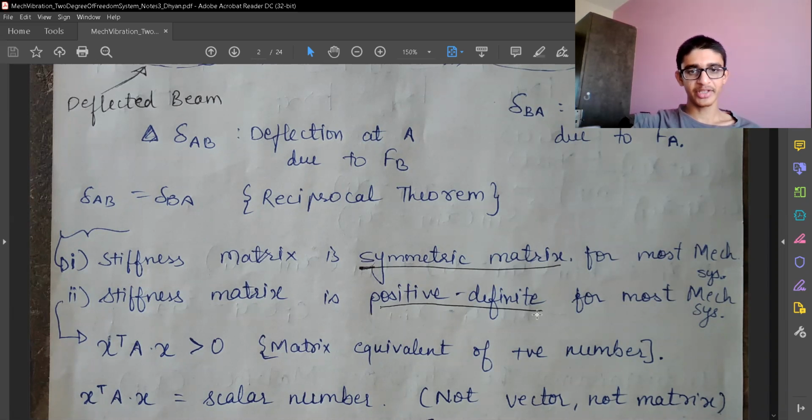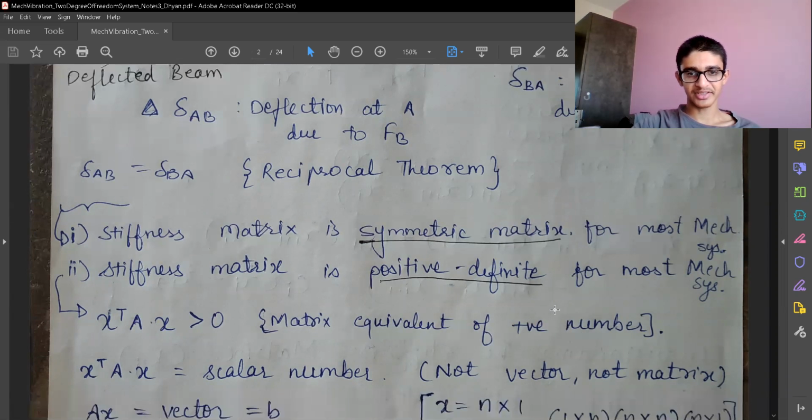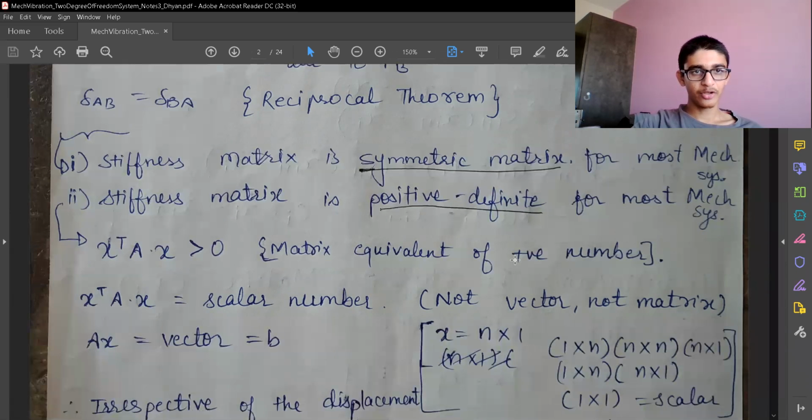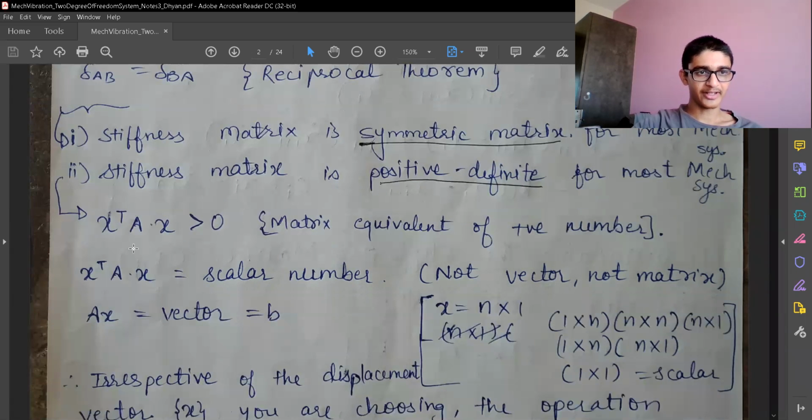The stiffness matrix is a positive definite matrix for most mechanical systems. What is the meaning of positive definite is explained here. X transpose A X is greater than 0, where X is any general vector and A is some general matrix. This expression is equivalent to a positive number.